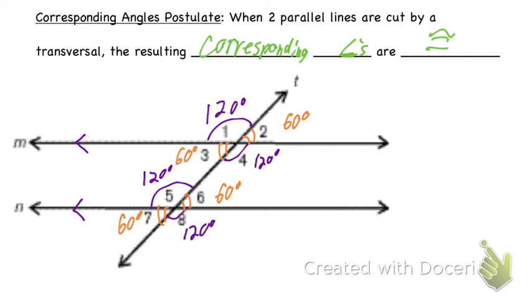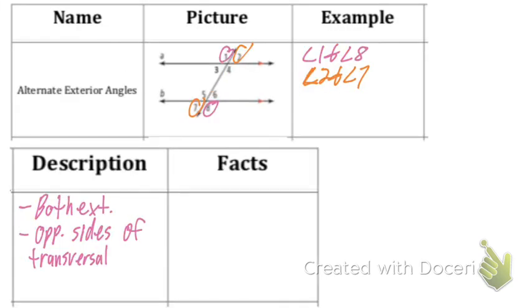Now, what do you notice about those alternate exterior angles, Ryan? They are congruent. They're the same measure. Give me another pair of alternate exterior angles. Ray: 2 and 7. What do you notice about 2 and 7? They are congruent. So alternate exterior angles, when the two lines are parallel, are congruent.